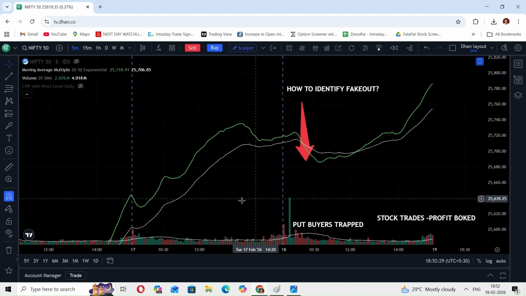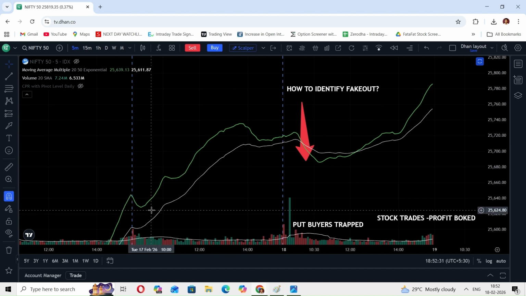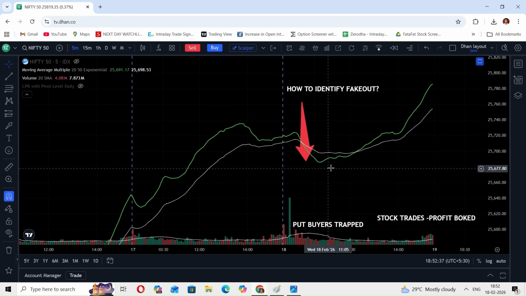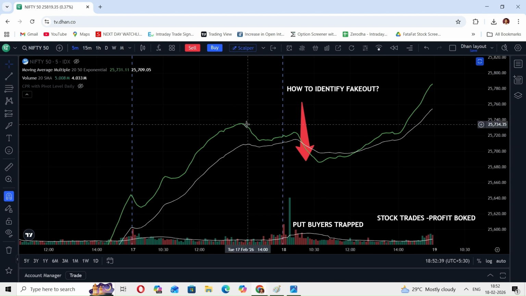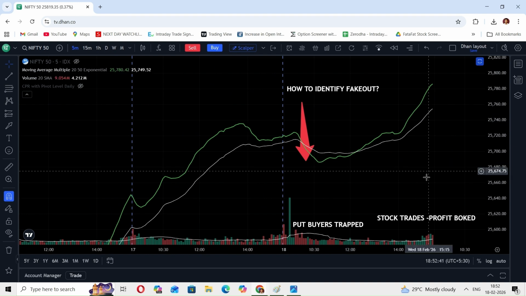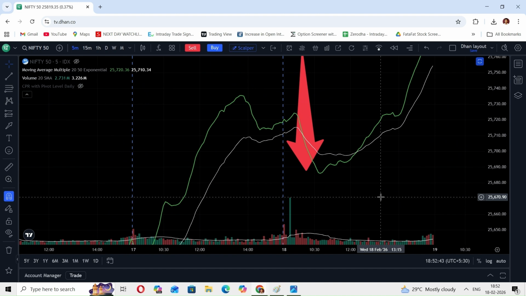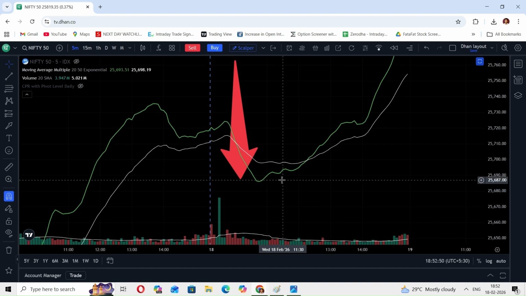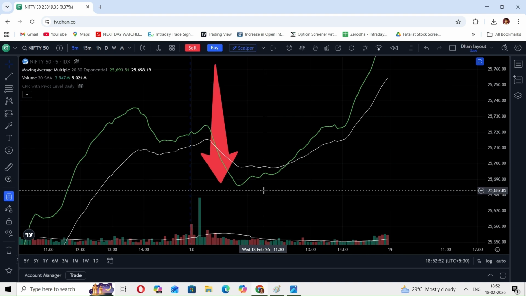See here, now what happened after this higher low formation, here this high was formed, correct? And then it has again crossed this particular high here, right? So which is our next low now? This one is our next low. Now till the time this low is not broken, we will not look for the trend change or put trades, right?